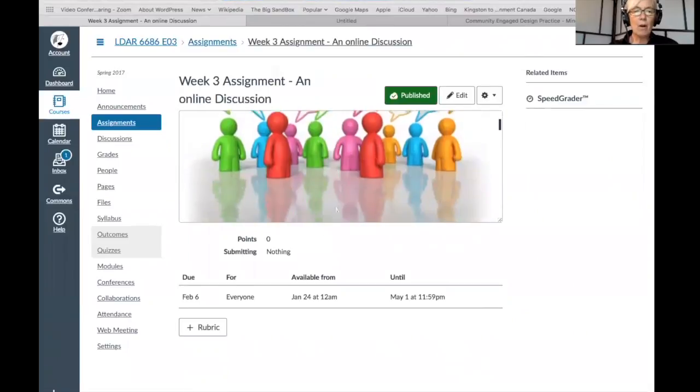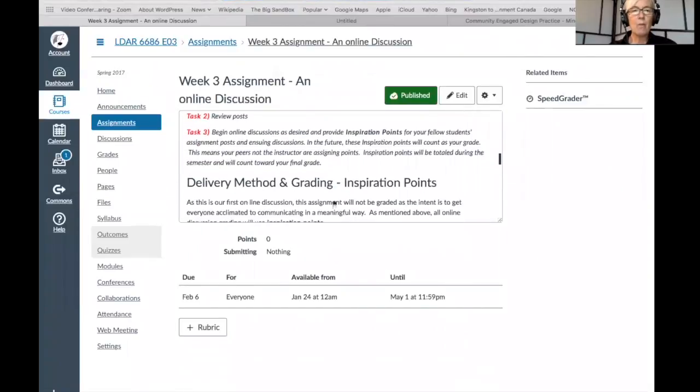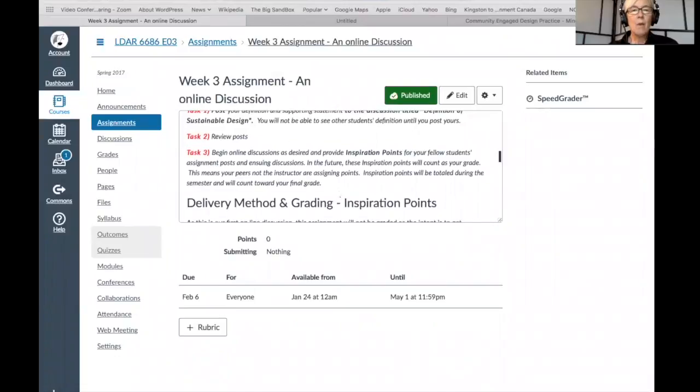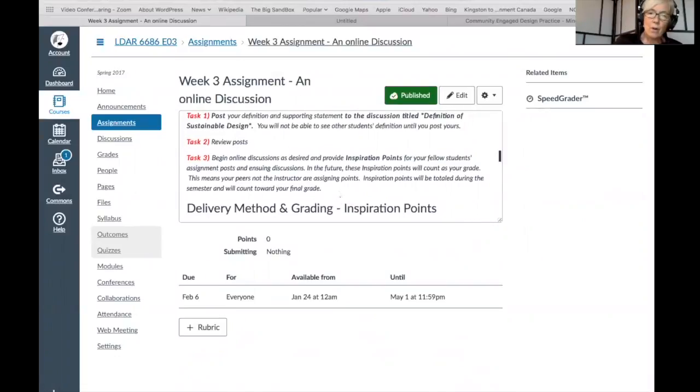the interesting part about this, hopefully, will be that once you've had a chance to review these discussion points, each of you will have 3 inspiration points. And inspiration points will be your method by which to reward your peers' contributions to this discussion.